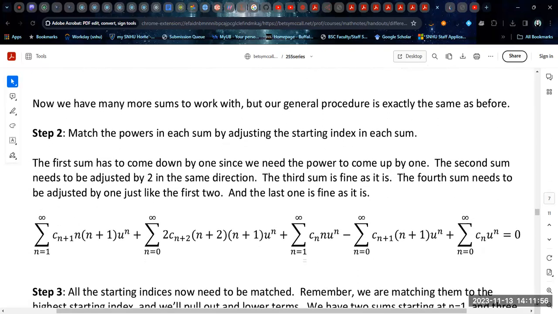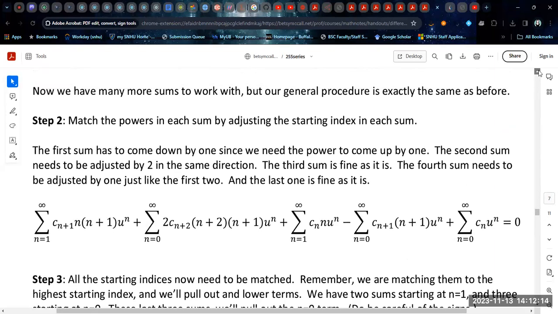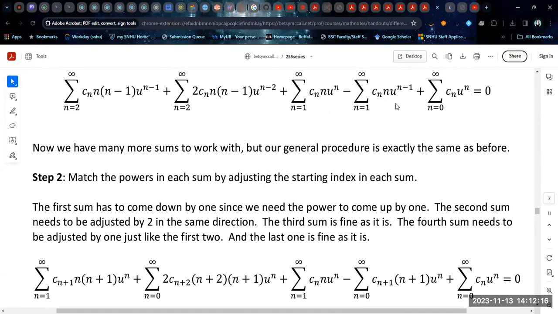Now for step 2, we're going to adjust the index. So we're going to try to collect everything in terms of u to the n. So this one was fine, this one was fine, and this one was fine. But this one, we go back up, was n minus 1, and so we're going to redo this index to bring it down, and then replace n with n plus 1, and now we're good.